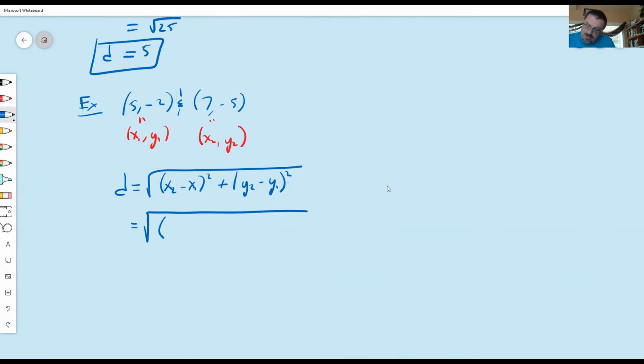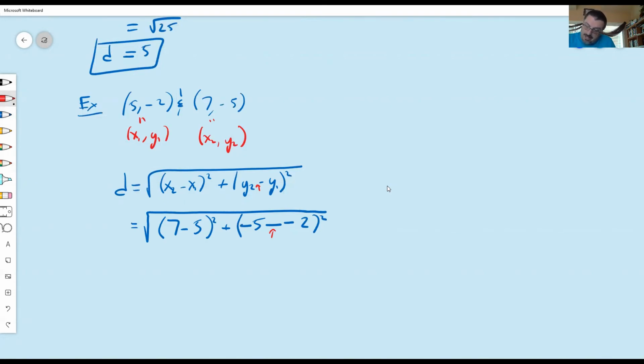So x2 is our 7 minus x1, which is 5 squared, plus y2 is minus 5, and then minus, right, so this minus here and this minus here, just because they're the same ones. And then a minus y1, which is a minus 2 squared.